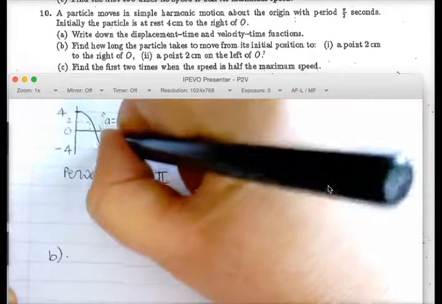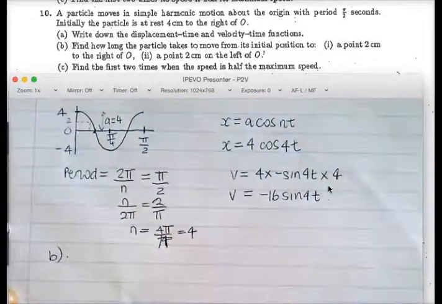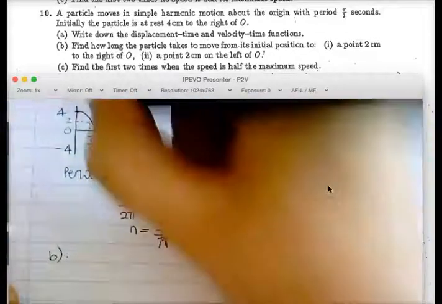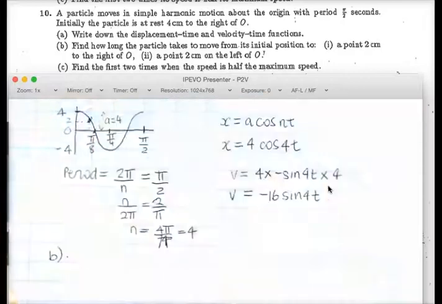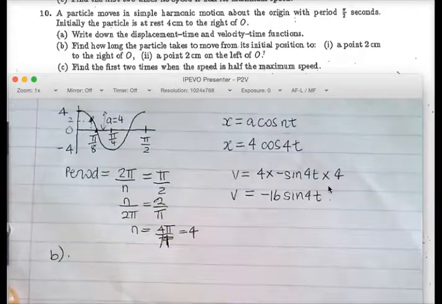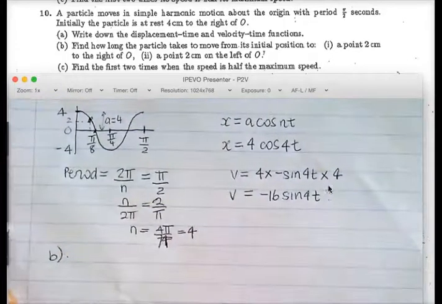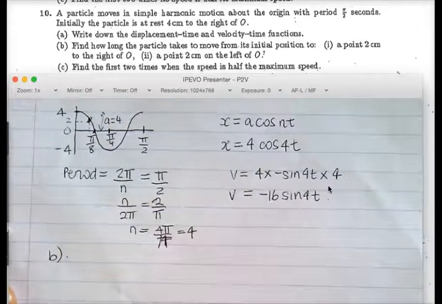Good. What's this? Pi on 8. So your answer to the next question is smaller than pi on 8. So we're expecting pi on 10 or pi on 11, pi on 12, something like that. Does that make sense?